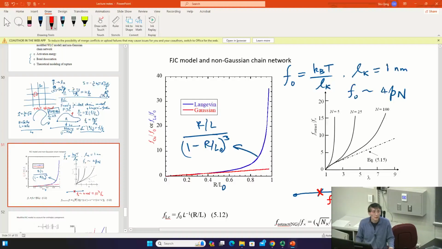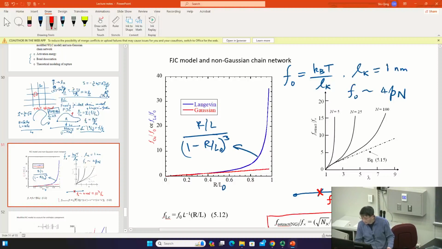So, this much is okay. I described a single chain. People have developed a description that can describe even when the configurational entropy is already finished. The force can still grow, can still further grow. And of course, this is for a single chain.